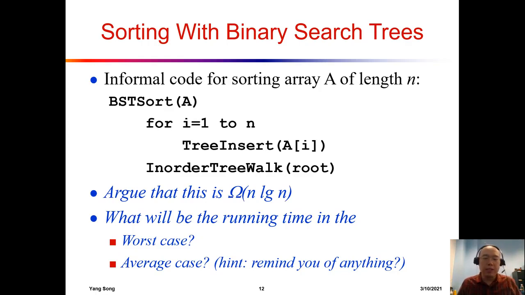Since it's still comparison based, the lower bound, the best case, is still omega n log n for the sorting algorithm. And how about the worst case? For the worst case, what will that be? Let's count how many comparisons we need to do to build this tree structure in the worst case.